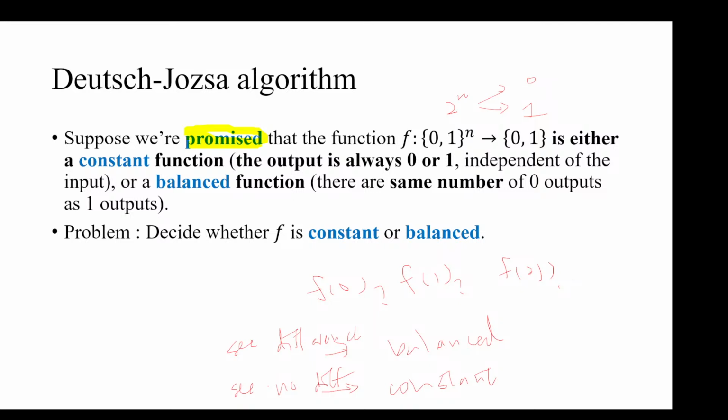Okay, and now the question is how long you need to wait here to make sure you don't make an error. That means that if you have a balanced function, how many numbers you need to see to make sure that you don't mistake it as a constant function.